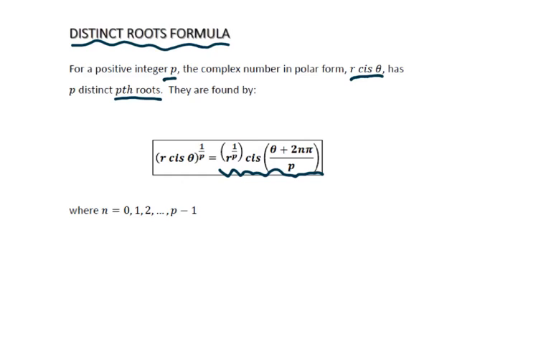You have to work out when n equals 0 to p minus 1. For this formula, you have to take the pth root of r, and then theta divided by p, but remember to the numerator you have to add 2n pi, because for sine and cosine the period is 2 pi.